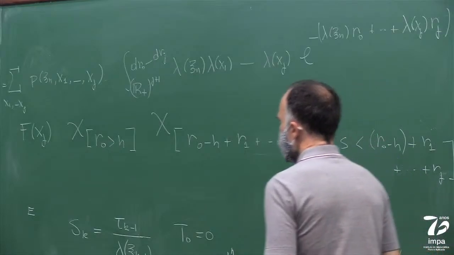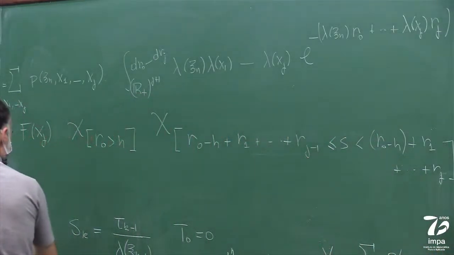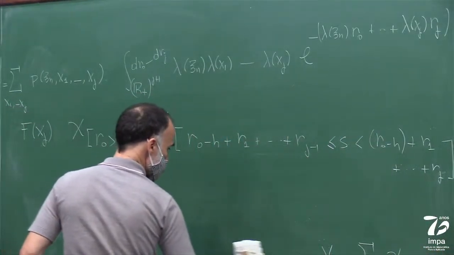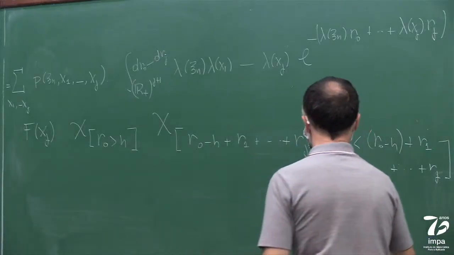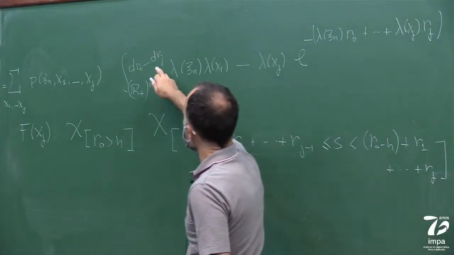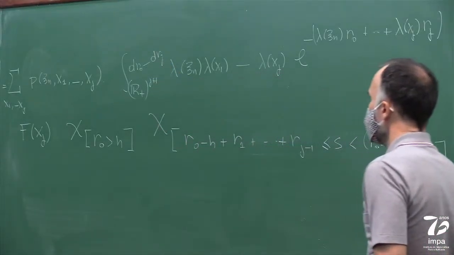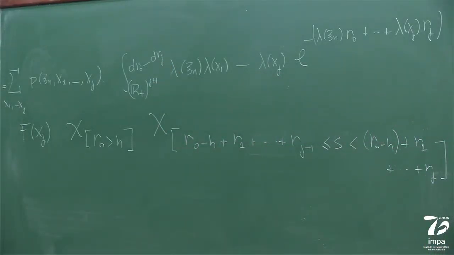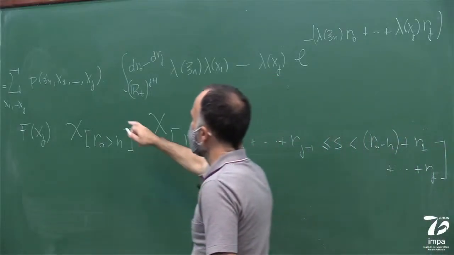So it's becoming simpler. Are you integrating this with respect to the R, or should that be an extra expectation? No, I'm integrating now with respect to dr0 up to drj. So the r's are integrated, and the x are summed.